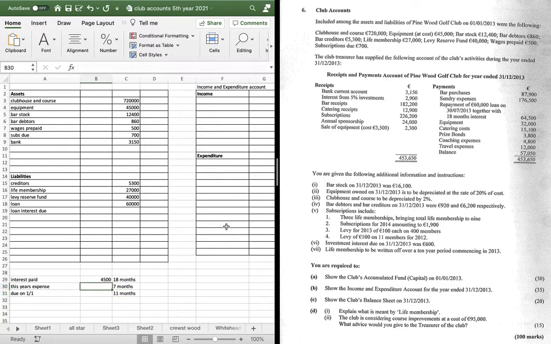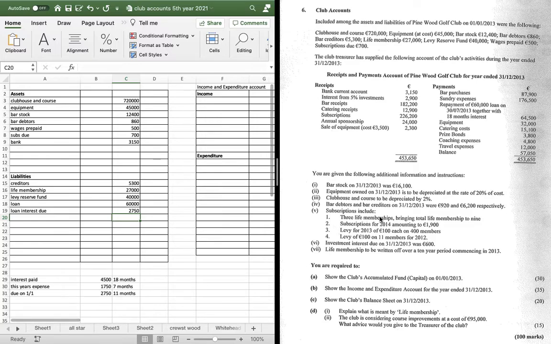Okay, so take that 4,500, divide by 18, multiply by 7. Okay, we'll do the same here. That'll be the difference between the two, but 4,500 divided by 18, multiply by 11. Okay, and that's the 2750 we're looking for. Alright, so that's that. So 2750 is the loan interest due.